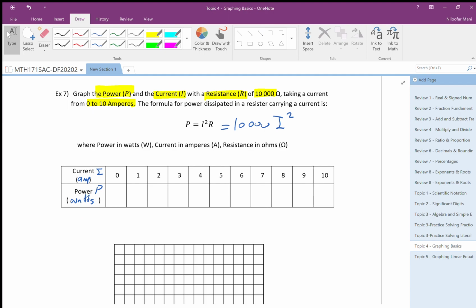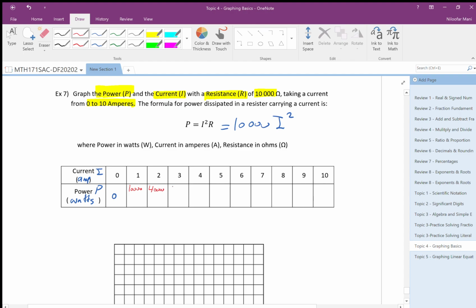If I put 0, what happens? Just 0. How about if I do 1? It's 10,000. If I do 2, it's 40,000.